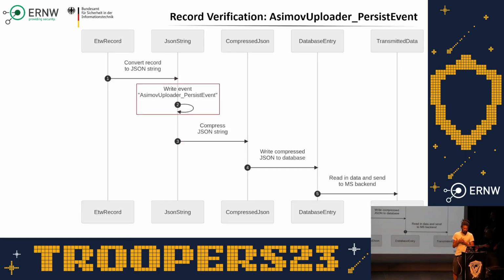In the context of the Asimov upload persist event provider, that's a little bit different, because the write operation is done quite early, and at the end of the day, we want to ensure that we are after the transmitted data. So in this case, we need to evaluate the whole chain, beginning from when a telemetry event arrives at the diagnostic tracking service, when it is converted to JSON.